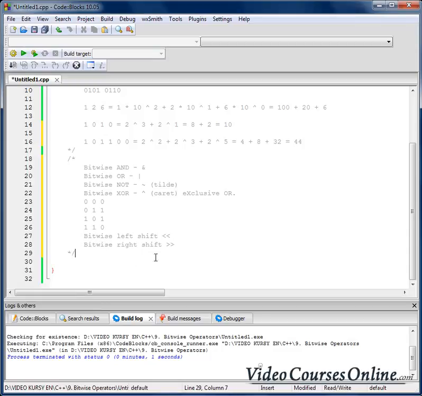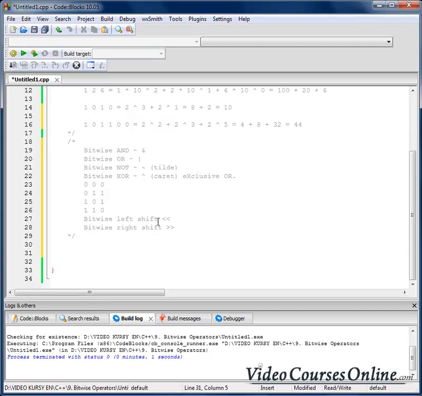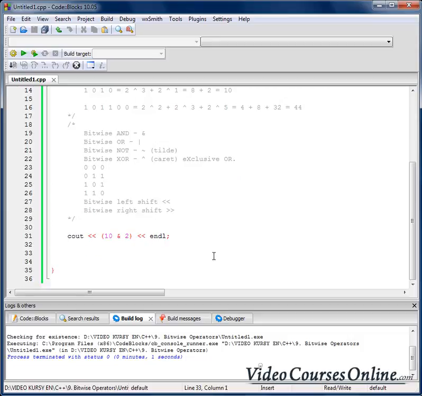Okay, now it's time to do some exercises. For example, cout and 10 and 2, and we want to see what will be the output.